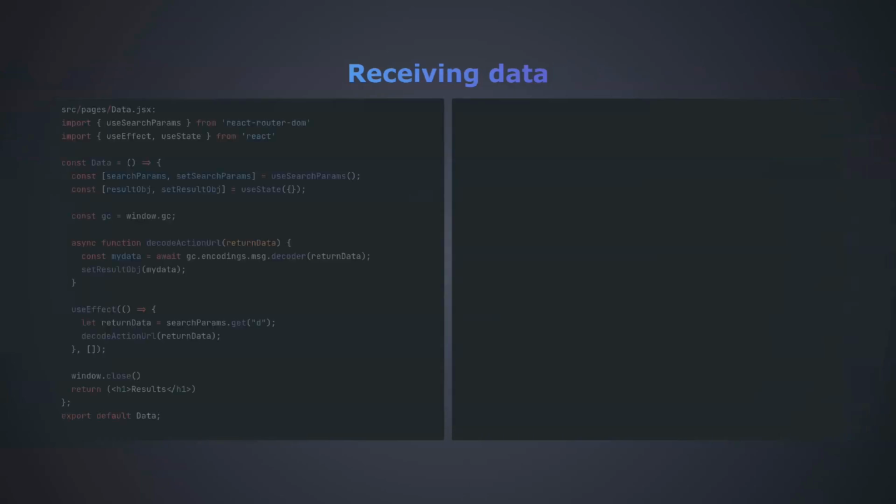So here we have the data page, and there is more added after the path. There is also a search parameter. You can add multiple parameters, but in this case we just use the D for data because we don't need actually to add anything else. And with search params you can access this data with the get function.